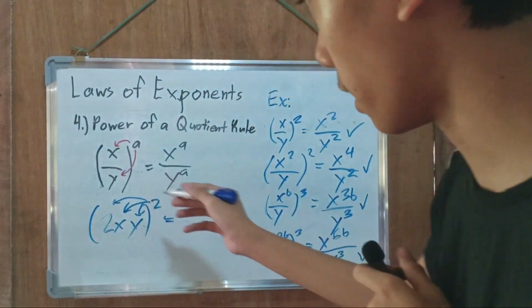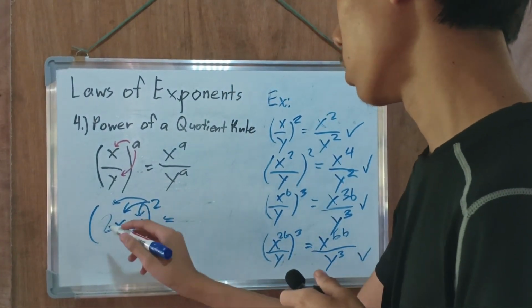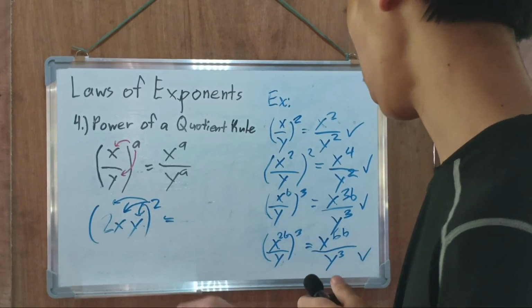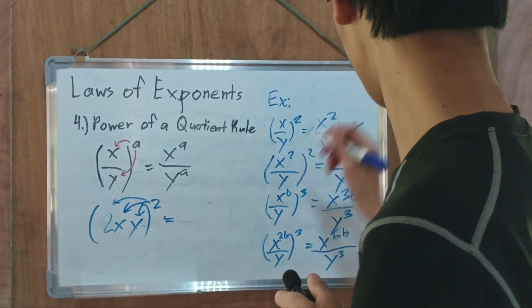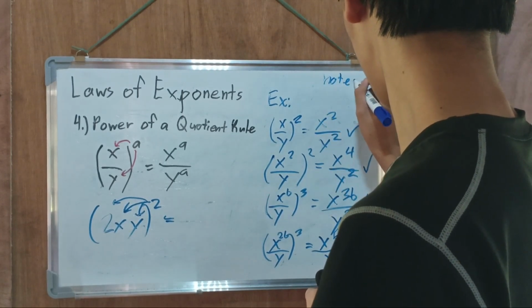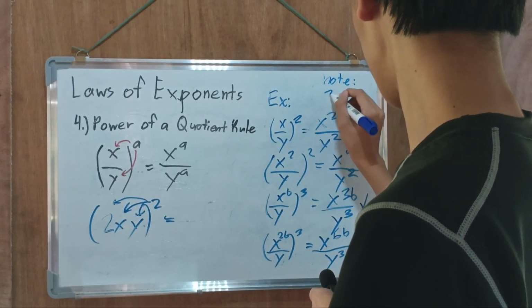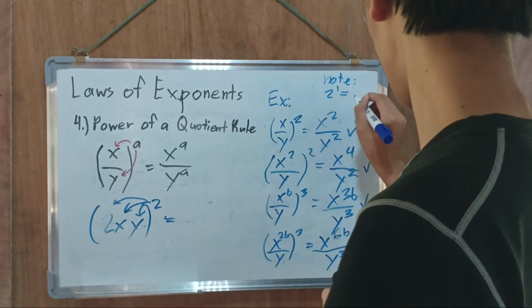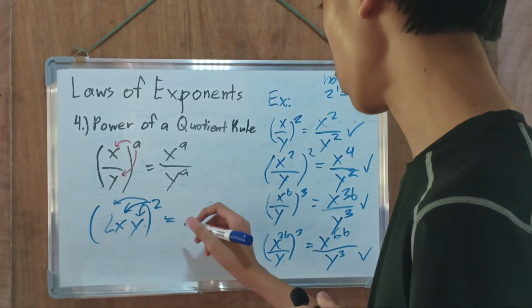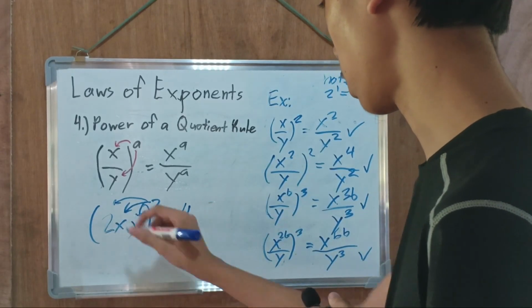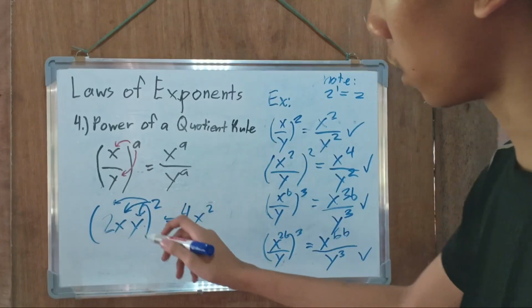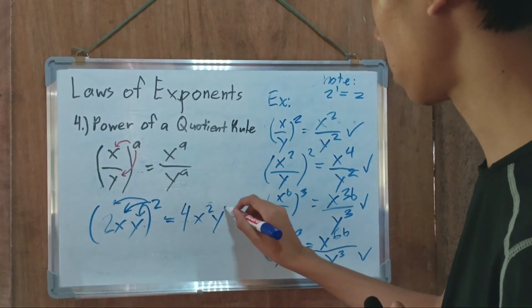So I'm gonna distribute 2 to 2. So 2 raised to the 2 power is 4, and then x raised to 2 is x squared, and y would be y squared.